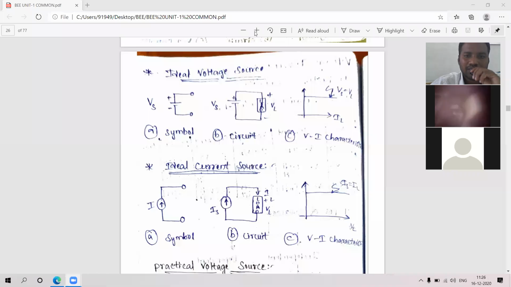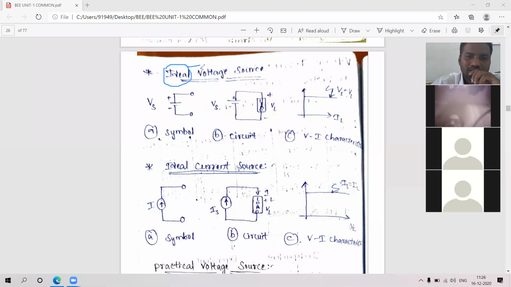Now, ideal voltage source I am considering here. Okay, ideal voltage source. What is meant by ideal? Ideal means which has no loss. Ideal means perfect, actually the meaning is perfect.